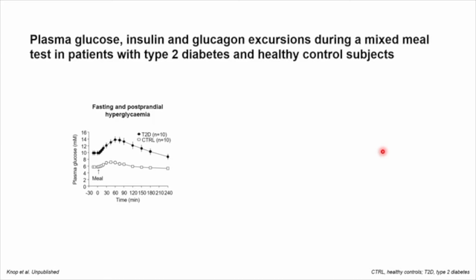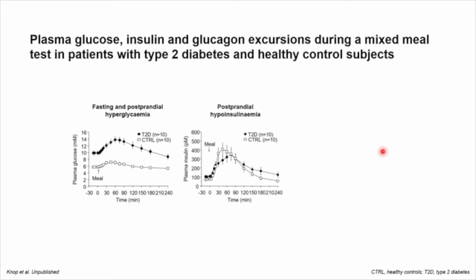If you take a look at patients from this millennium, you can see here 10 patients with type 2 diabetes compared to 10 healthy controls, shown after a meal test, where you can clearly see the hyperglycemic state of these patients, both in terms of fasting and postprandial hyperglycemia.